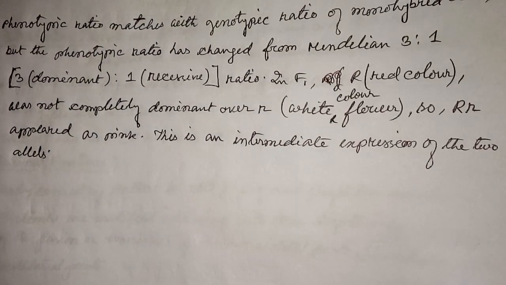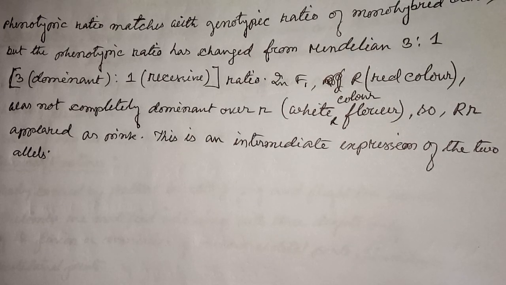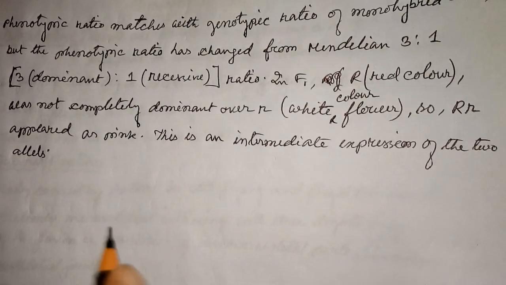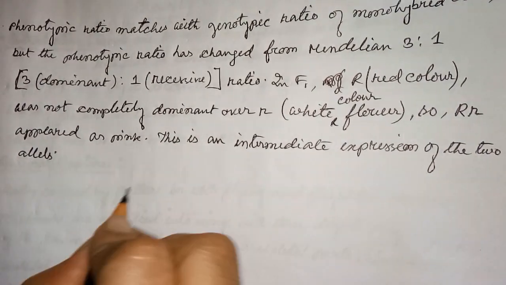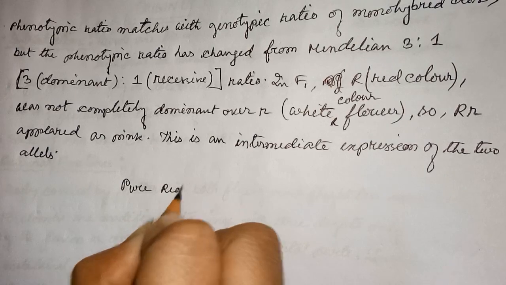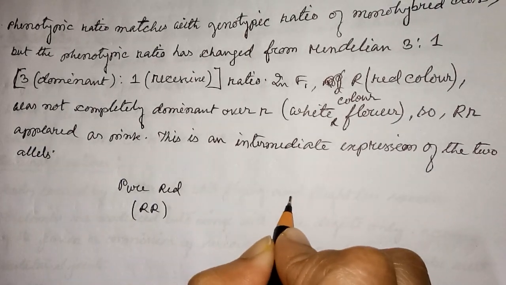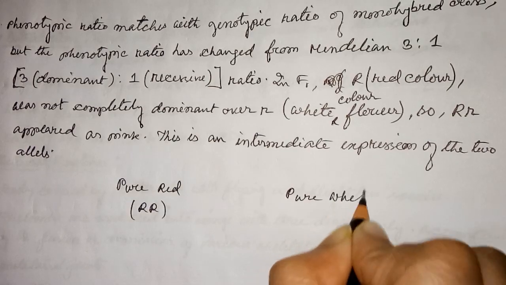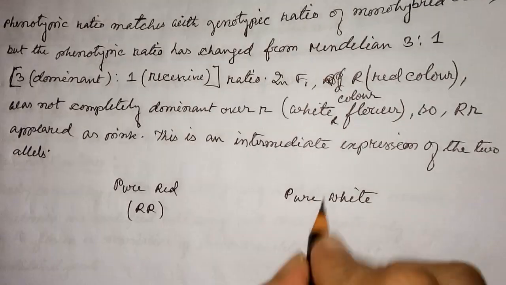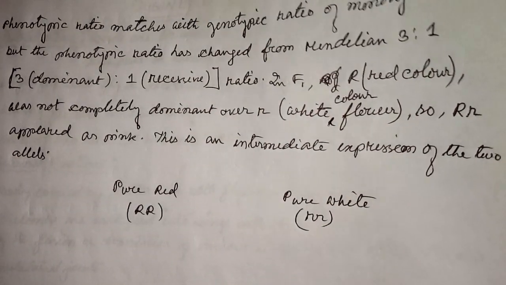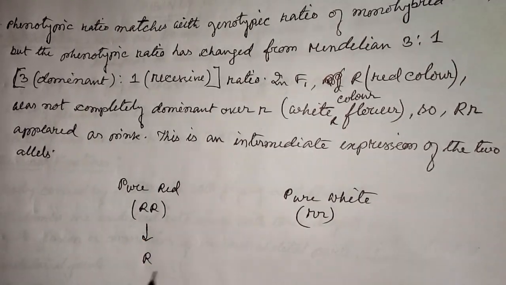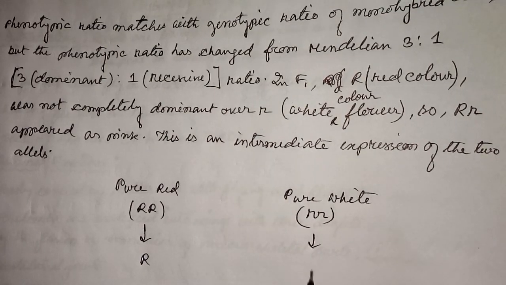Okay, so now pure red, which means capital R, capital R, and pure white, which means small r, small r. The gametes come from capital R and here small r.